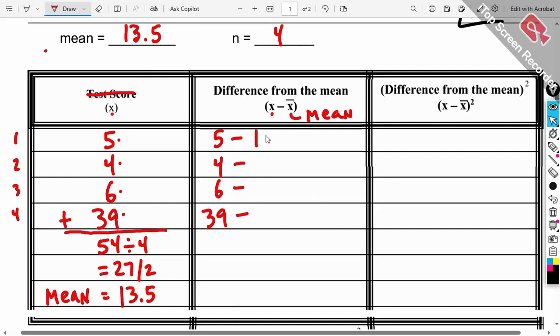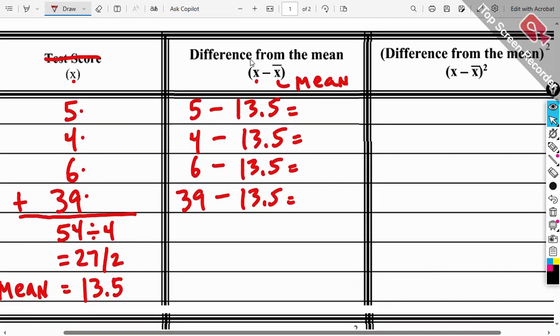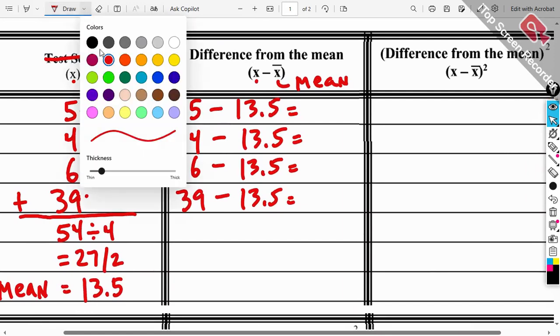That's 13.5. All right, this one's a pain in the neck because there's decimals. All right. Like I said before, positive or negative, it really doesn't matter. So you can subtract backwards if it's easier for you.